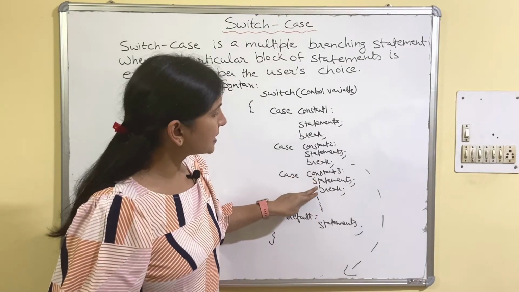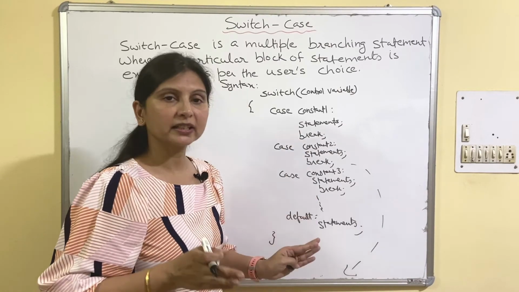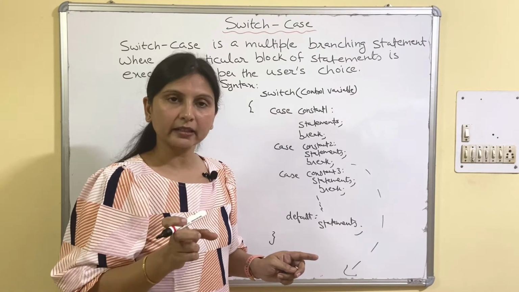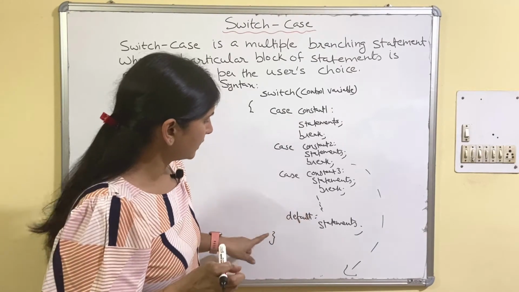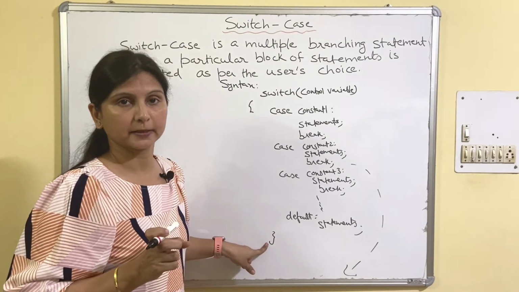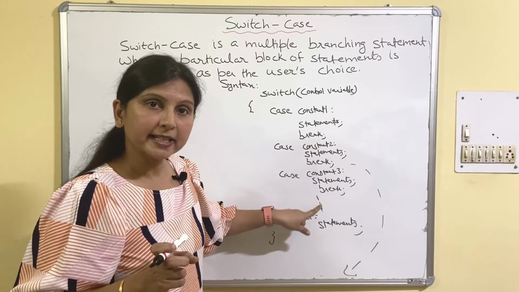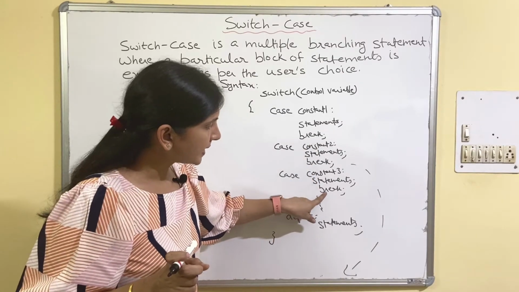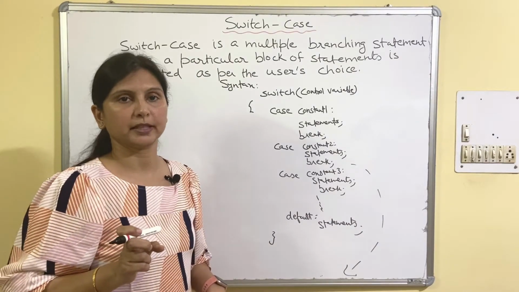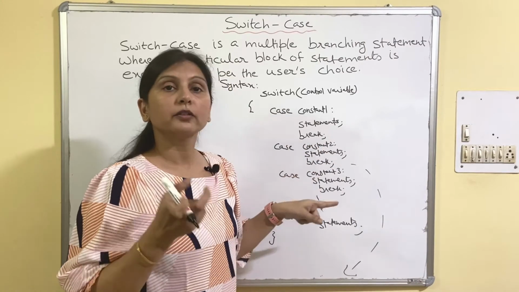If break is missing from case 3 also, it will keep on entering the other cases till it finds the break, or the end of the switch statement. So it will keep on executing statements till it finds the break or the end of the switch statement. So this is the use of break, and this is called fall through.